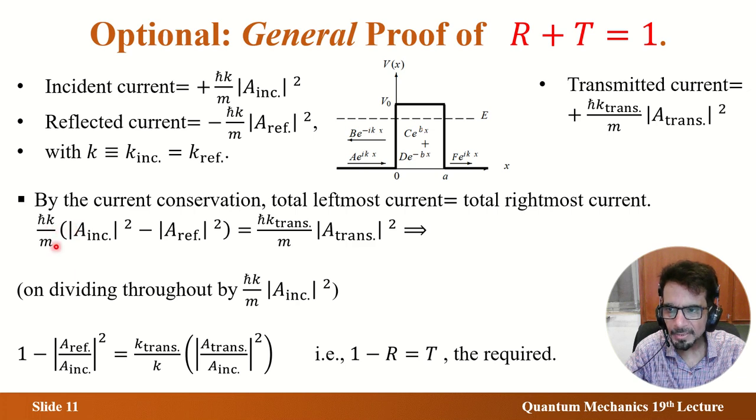You divide by k, and you also divide by the incident amplitude squared, so the first term becomes 1. You work out the calculation, and you see this is the reflection coefficient and this is the transmission coefficient. So 1 minus r is equal to t, so 1 is equal to r plus t. I've given you a general proof, but maybe you are not interested in that. That was an optional thing, sorry.